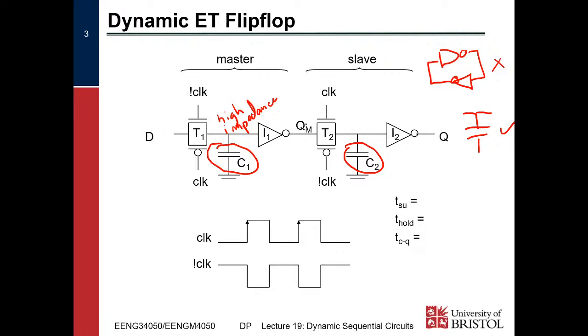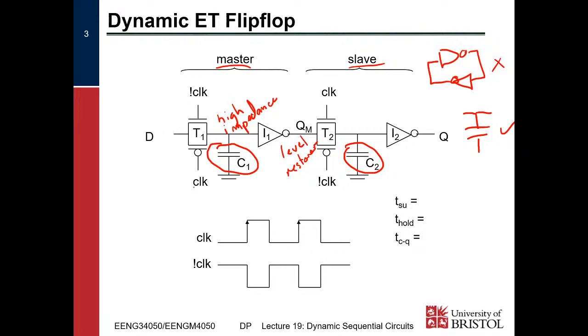So we have our two transmission gates to enable or disable each side, and then we have an inverter to act as a level restorer, right? So we have a master slave situation as before.